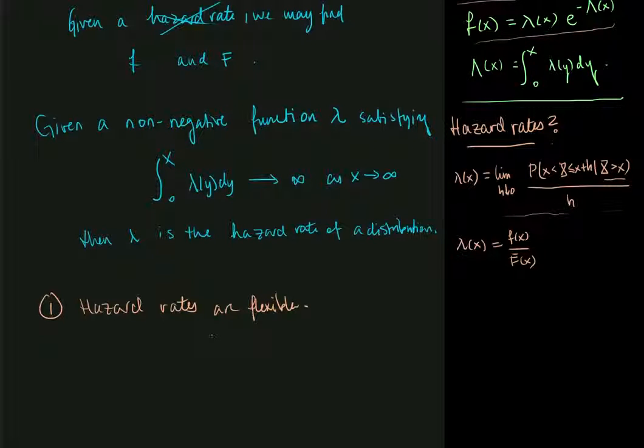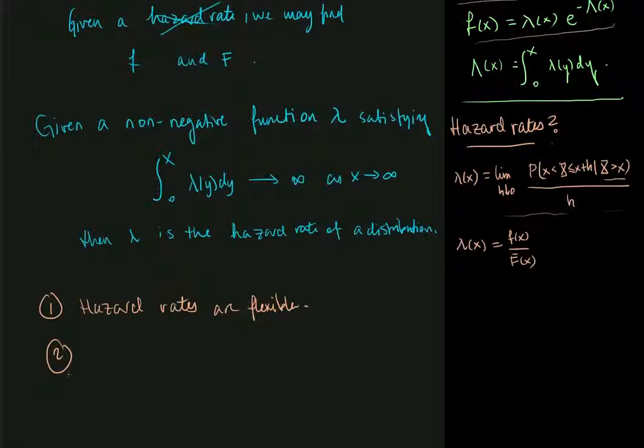Unlike a density, it doesn't have to integrate to 1, so you don't need to think about that. Unlike a distribution function, it doesn't need to start around 0 and then grow up to 1. You don't have to think about that. It just needs to be non-negative. It can be increasing, it can be decreasing, it can make weird periodic swings, it can be whatever you want it to be, as long as it is non-negative.